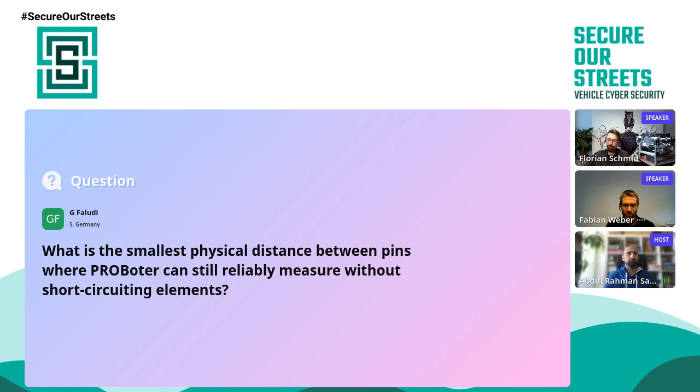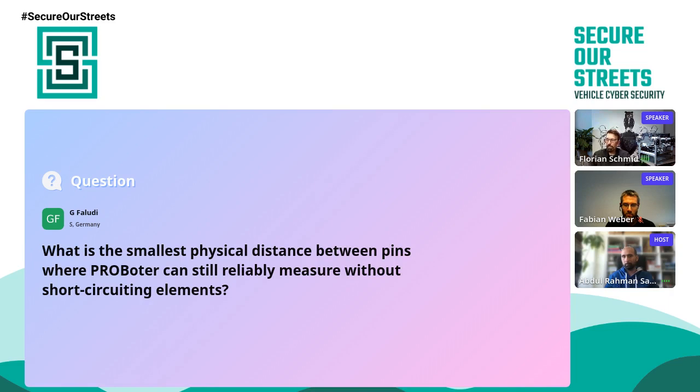Sure, that makes sense. And once PROBoter identifies the various protocols on that circuit board, is it also hooked into some sort of penetration testing platform which can then automatically perform the desired penetration tests, or is that more manual at this point in time?